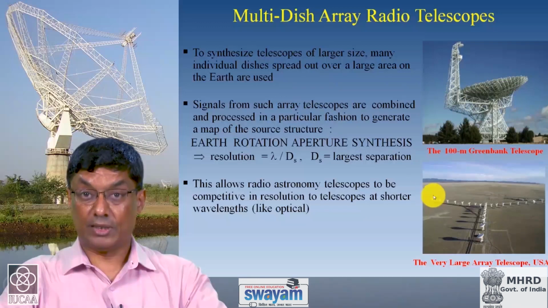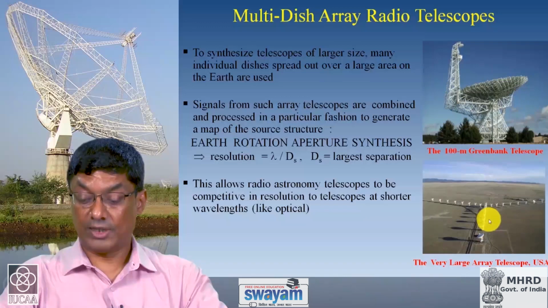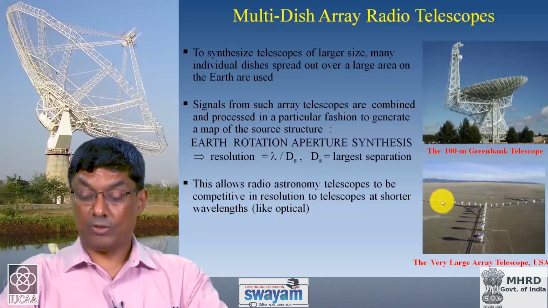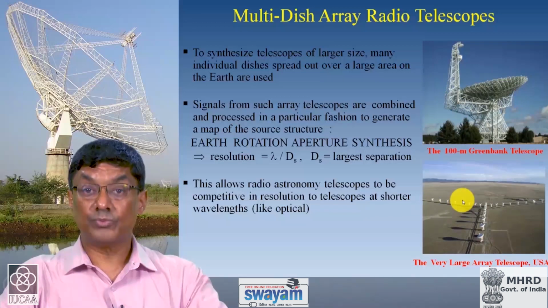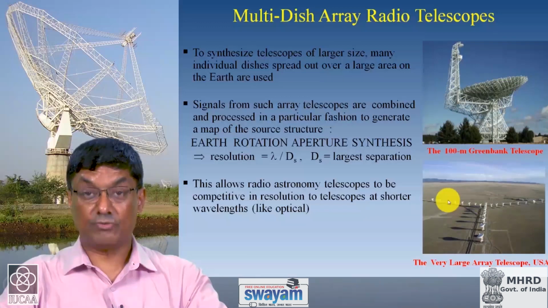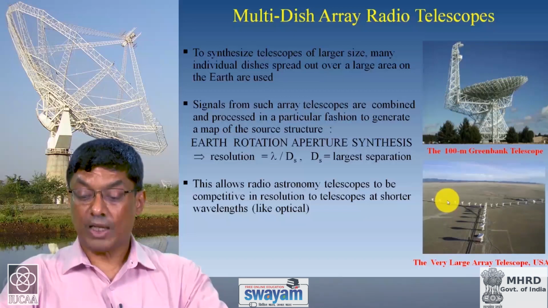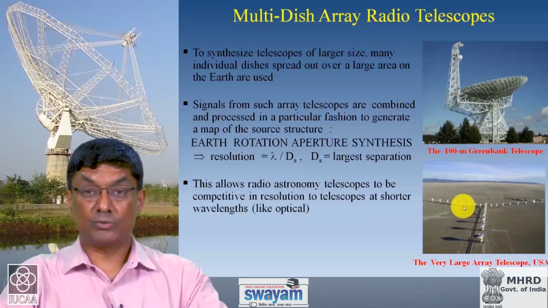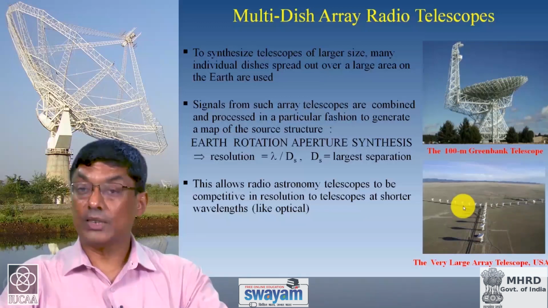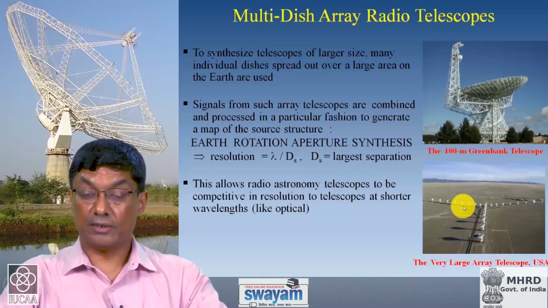As an example, I have shown here an array antenna called the Very Large Array Telescope located in the US, where you can see lots of relatively small antennas. They are still of the order of a few tens of meters in size, but there are many of them, spread out over distances of the order of tens of kilometers in extent.